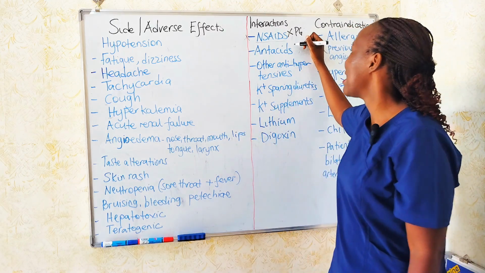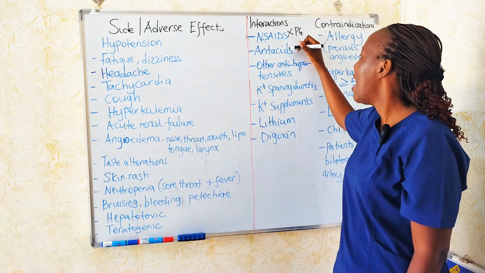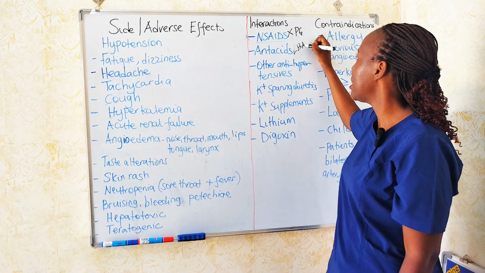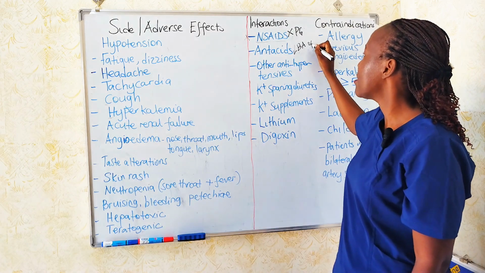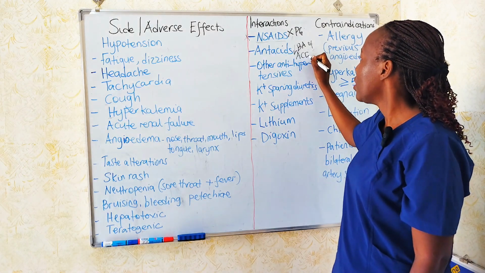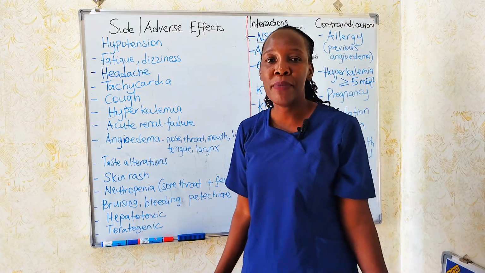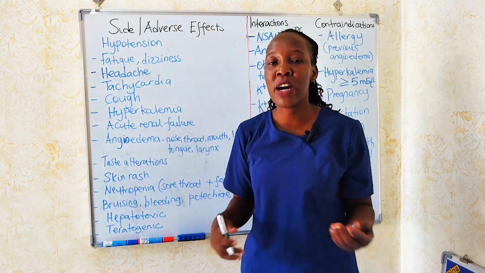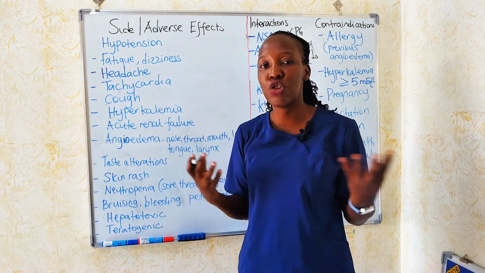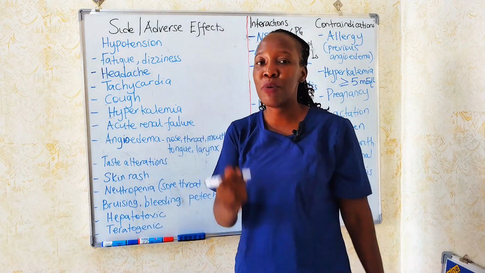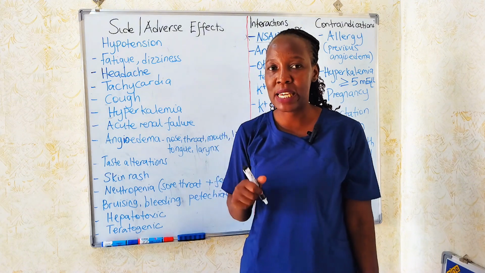So when we look at ACE inhibitors and antacids, antacids are going to reduce the bioavailability of ACE inhibitors. So first of all, what is bioavailability? Bioavailability is the fraction of drug that reaches the systemic or general circulation unchanged, especially when we take those drugs orally.